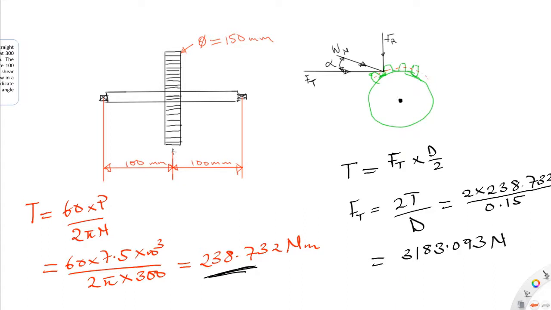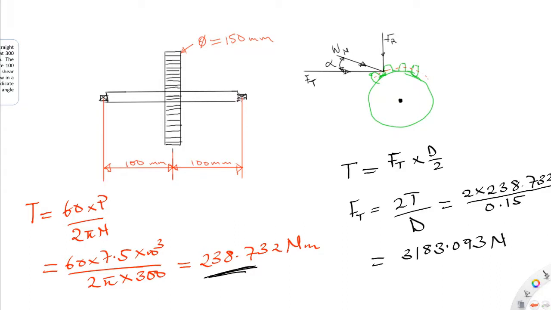All right, the maximum bending moment will occur at the center of the shaft. We will have reaction forces at this point, and then at that point, and then our Wn is acting in the middle.